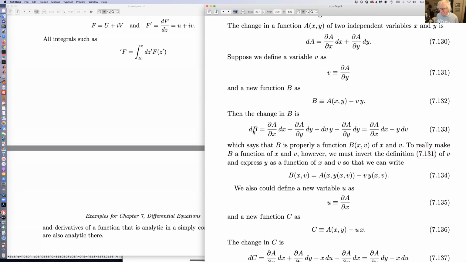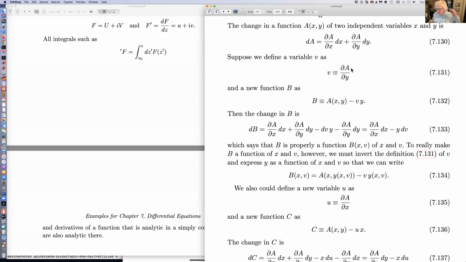So this tells us that B is in effect a function of X and V. But to really make it a function of X and V, we need to use this formula to express Y as a function of X and V. In other words, we have to invert this expression.